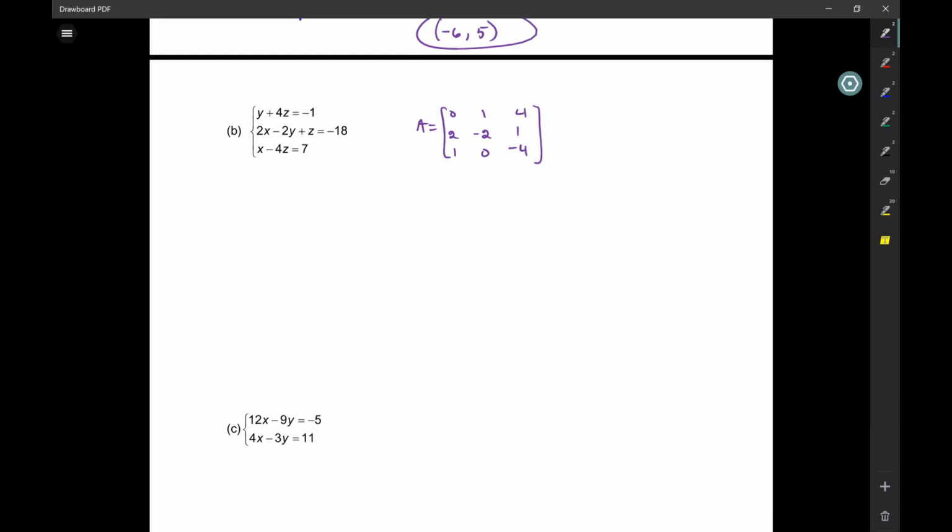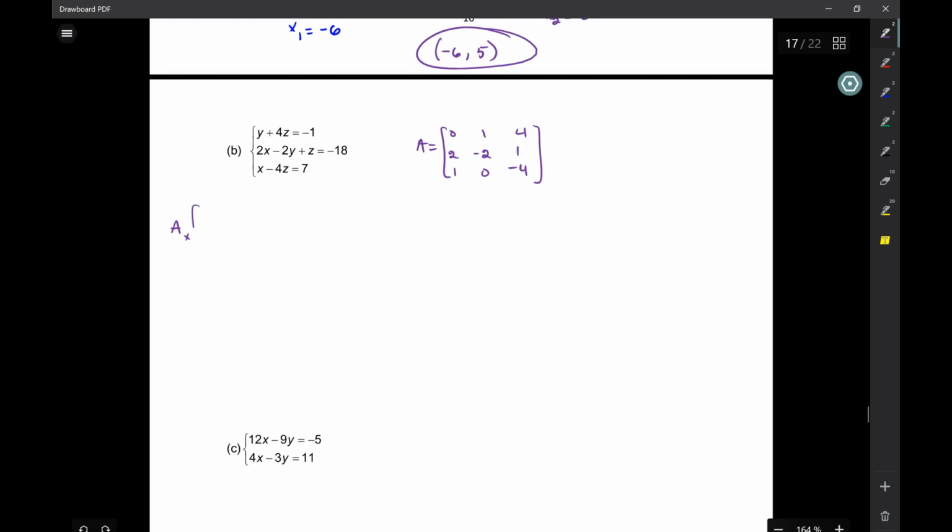Let's just write down all the matrices first, then we'll do determinants. Now we're going to find A sub x because you have 3 variables, x, y, z. So after the coefficient matrix, you have to have 3 different matrices, Ax, Ay, Az.